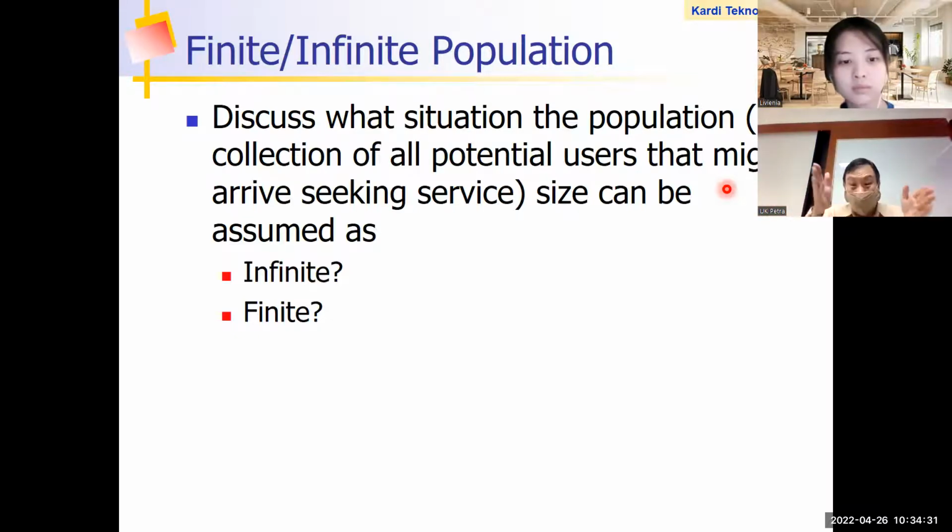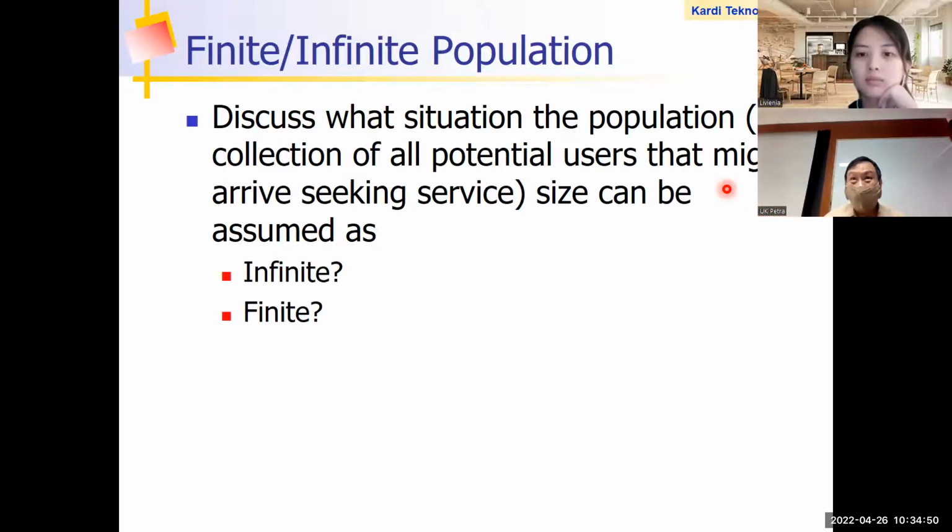But if you know the number of customers, for example, the customer is a machine, and the repairman is the one who repairs the machine, right? The number of machines is finite, not so many. So maybe 10 machines.